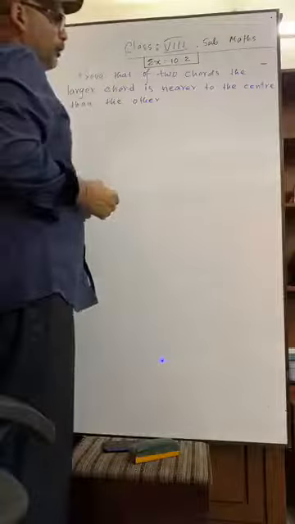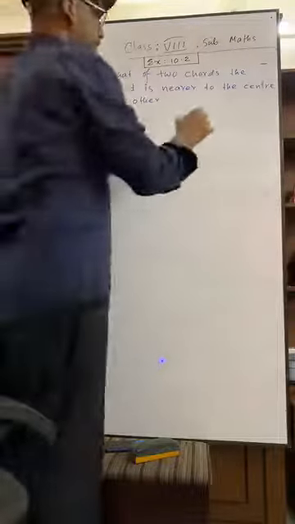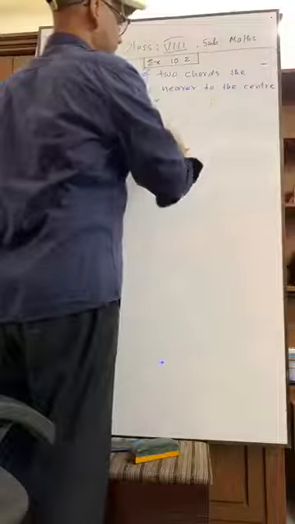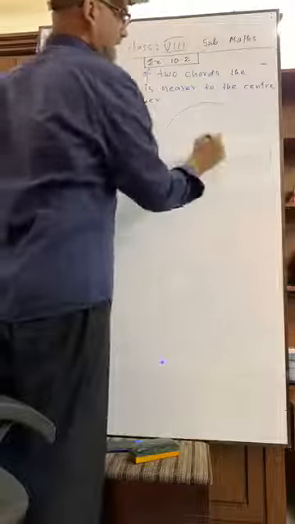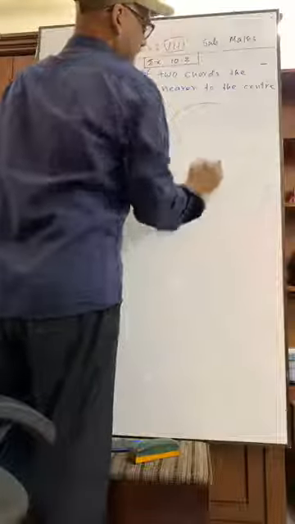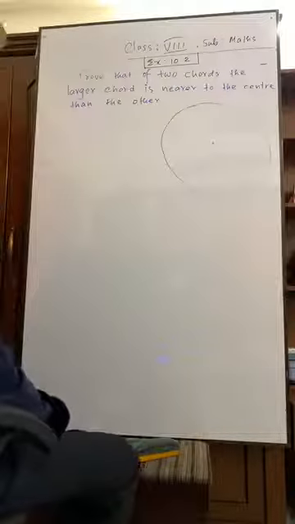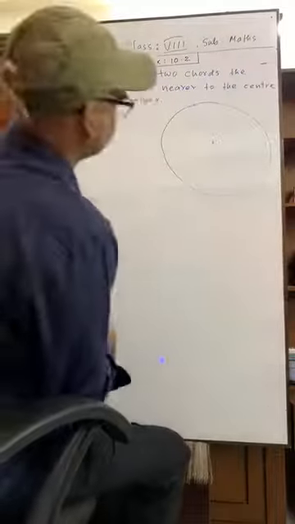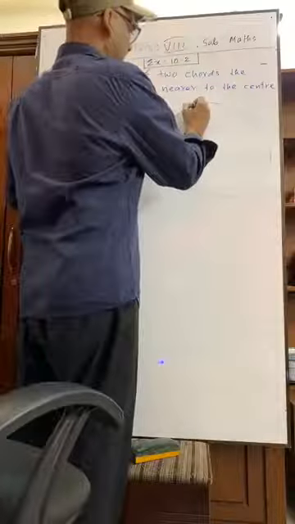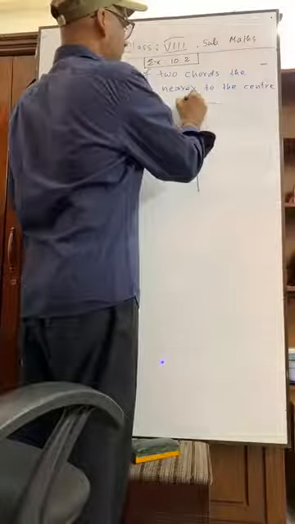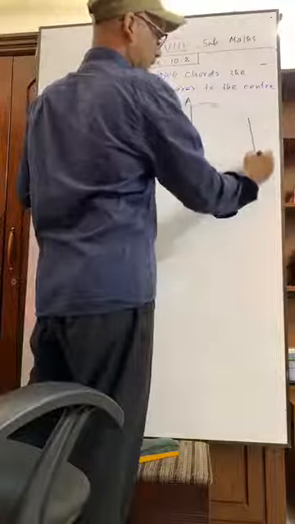Now we'll draw the figure. Suppose this is a circle and this is the center. Two chords have been drawn here, one is AB and the other one is CD.